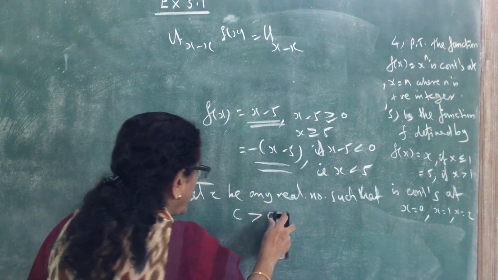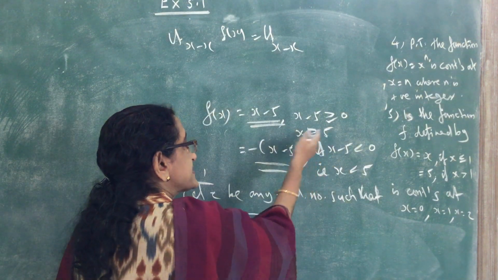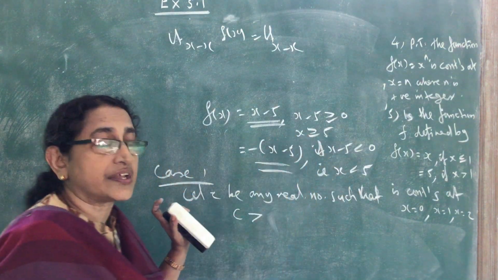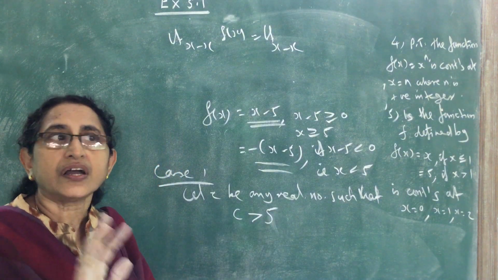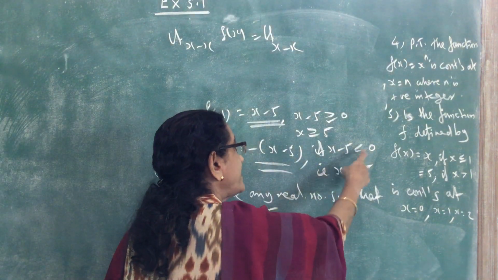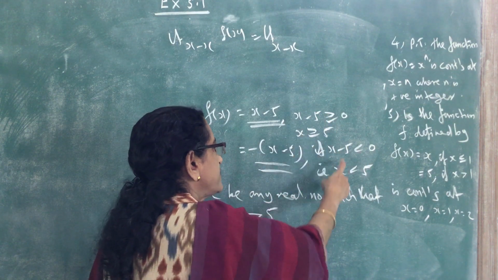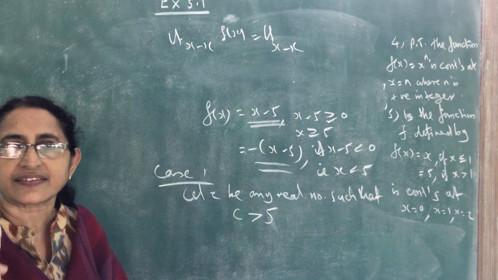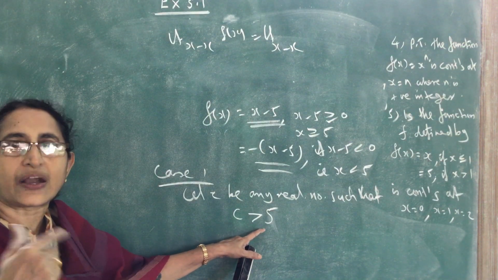Not C greater than 0, but C greater than 5. At 5, x less than 5, greater than 5, function is different. So C greater than 5, otherwise c minus 5 less than 0, c minus 5 greater than 0. That means c greater than 5, c less than 5. So we have to consider 3 cases: when c greater than 5, then c less than 5, then c equal to 5.